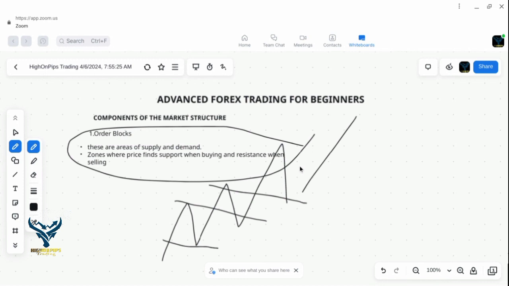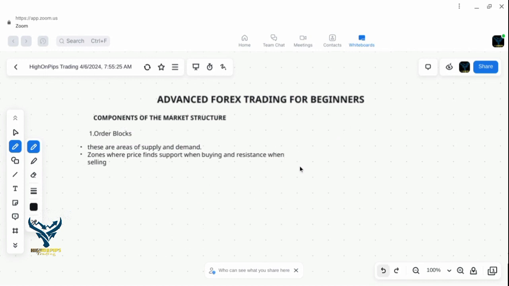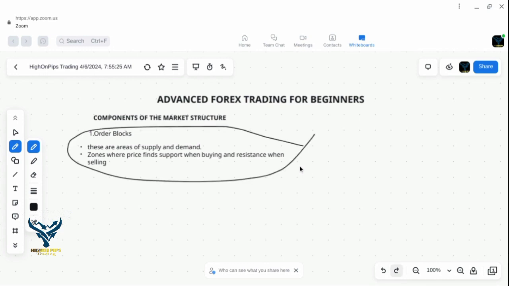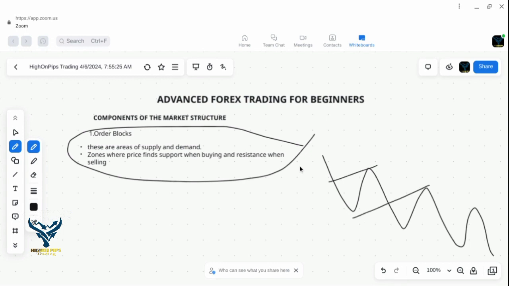But when the market is selling like this, these areas are called areas of resistance, because the market is resisting to go up. So they are called areas of resistance.